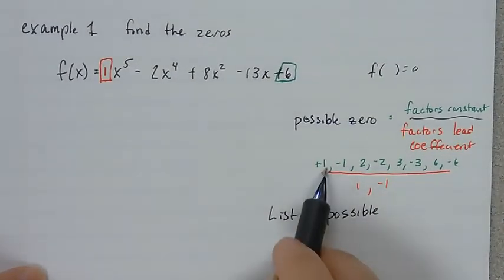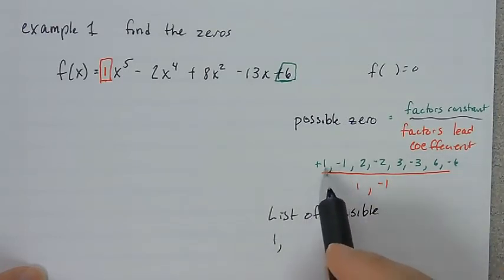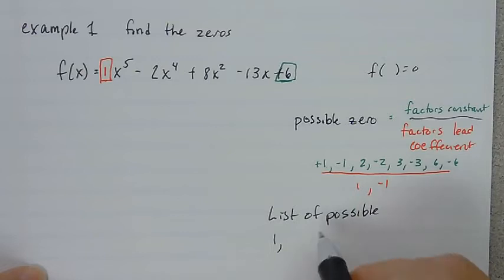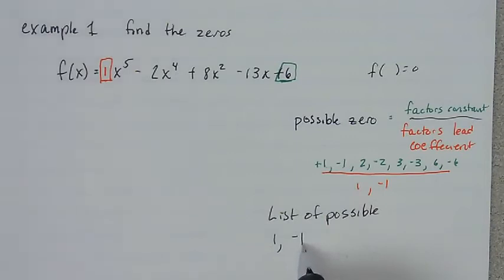So positive 1 divided by positive 1 is 1. Positive 1 divided by negative 1 is negative 1. Negative 1 divided by 1 is negative 1, and I already have that, so I don't need to list it again. Negative 1 divided by negative 1 is positive 1. I already have that, so I don't need to list it again.